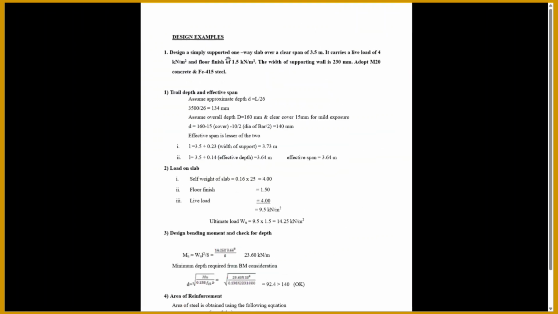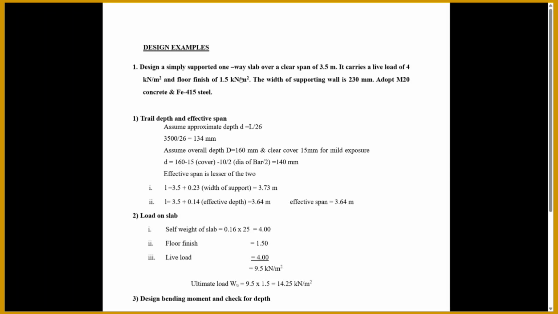Now we will see one example of the design of a simply supported one-way slab. Design a simply supported one-way slab over a clear span. Span is given 3.5 meter and it carries a live load of 4 kilonewton per square meter.